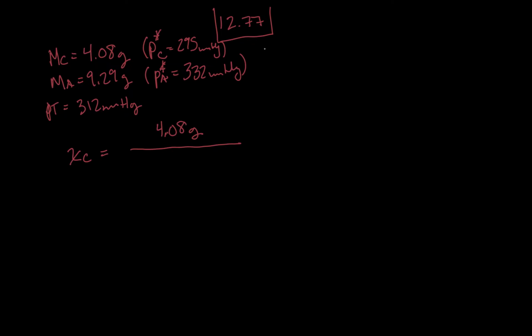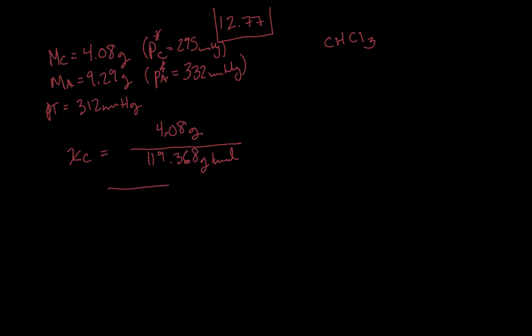Chloroform is also known as trichloromethane. That's the molecular formula for it: 1 carbon, 1 hydrogen, and 3 chlorines. So that is 119.368.